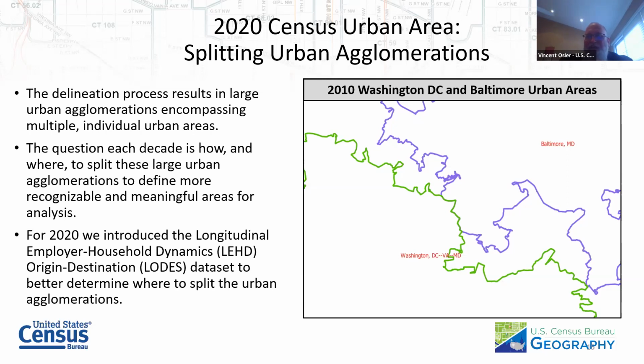And then you end up having an urban area extending from Boston to Washington, D.C., basically. And that doesn't serve most people's needs, especially on the local perspective. So we have to have some way of splitting these into better or more locally defined urban areas.